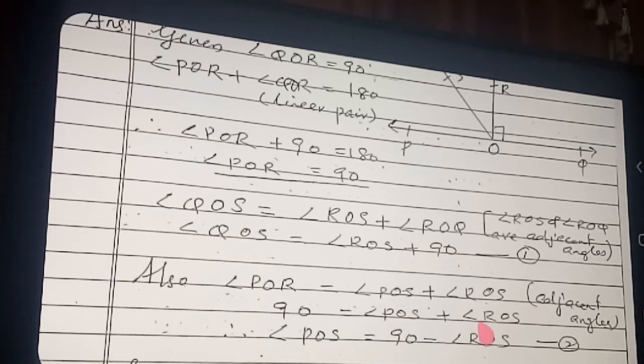So minus, when one number goes to the left side or right side, you properly listen to the sign. Minus, you have to handle very carefully. Okay. So you got the value of POS. POS how much? 90 minus ROS. See here. We found the value of QOS in terms of ROS and POS in terms of ROS.